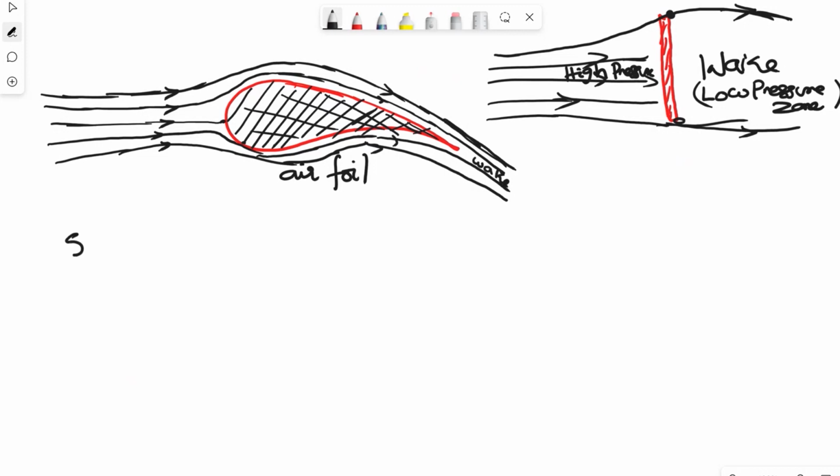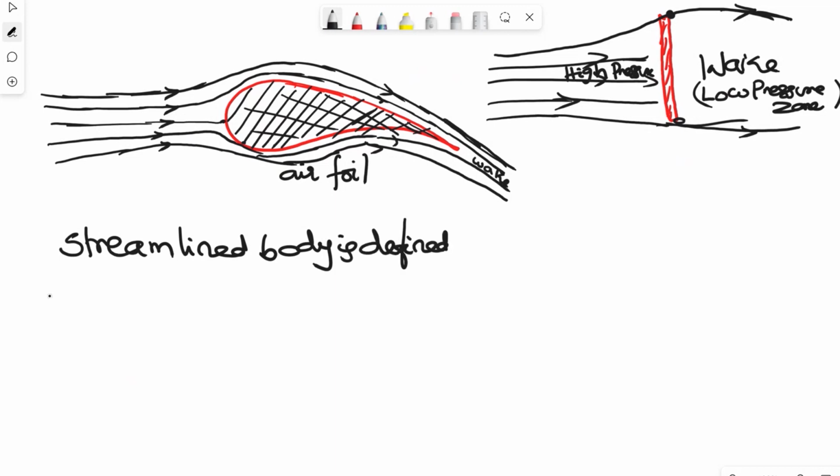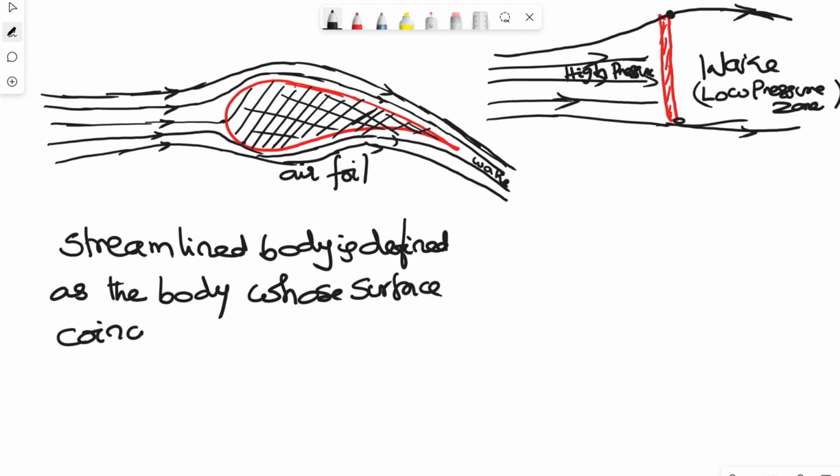Streamlined body is defined as the body whose surface, please note that whose surface, because of what I have drawn, whose surface coincides basically with streamlines.